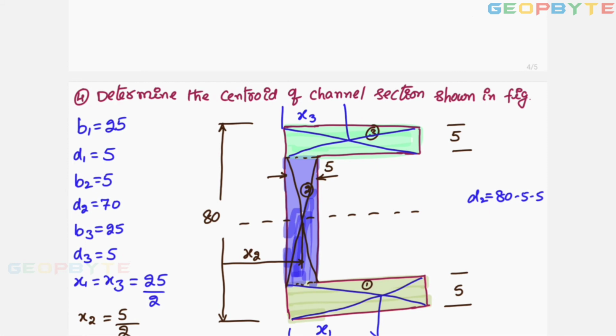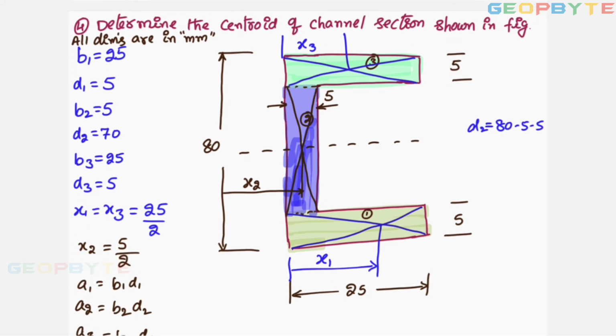So all dimensions are in millimeters. Okay. So that is how the centroid should be found for the channel section or the C section.